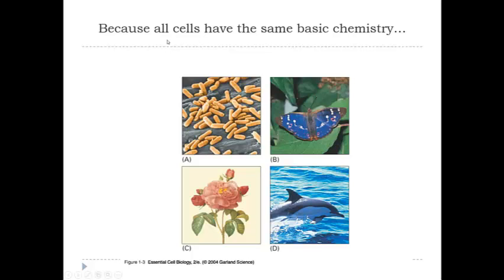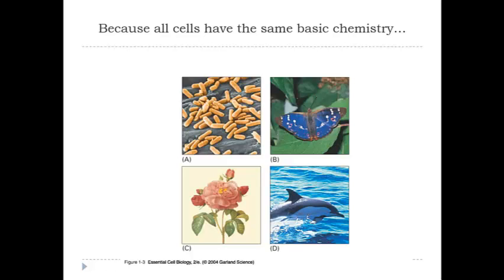Okay, so back to our discussion of unity. Because cells all have the same basic chemistry inside, whether they're cells of bacteria, as you see here in this scanning electron micrograph in part A of the figure, or butterflies, or plants like a rose, or mammals like dolphins.